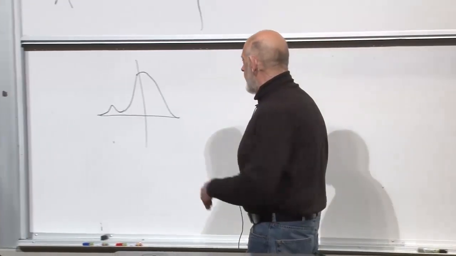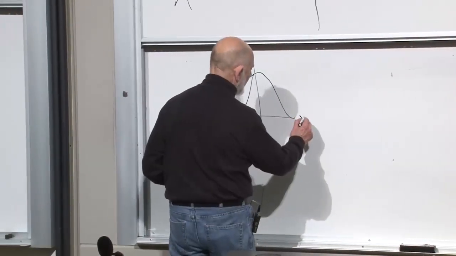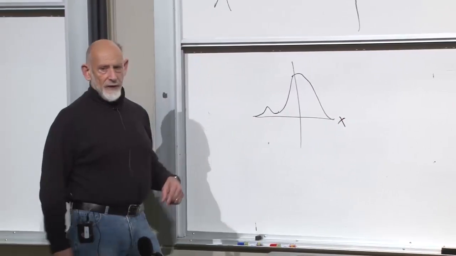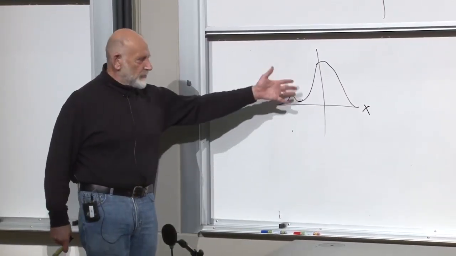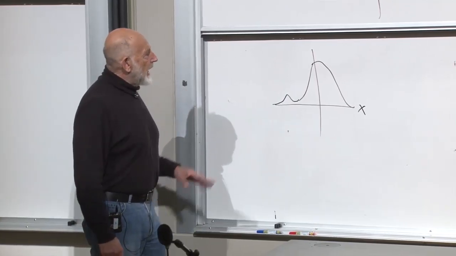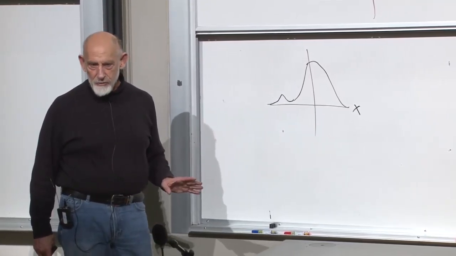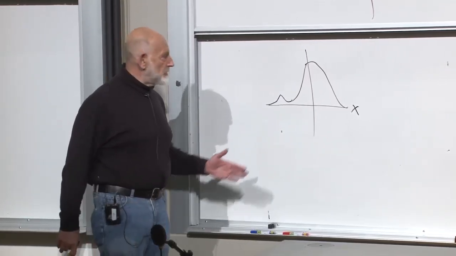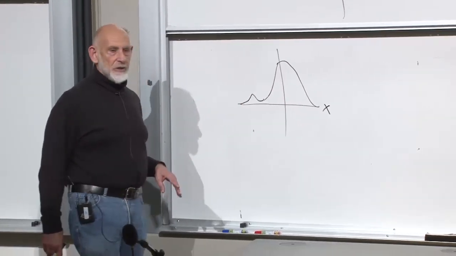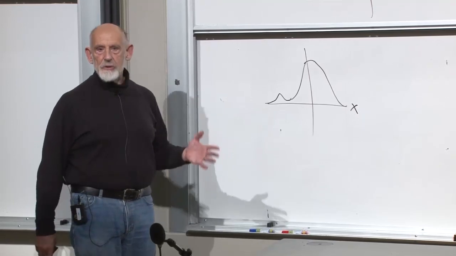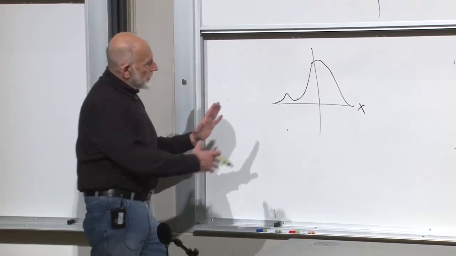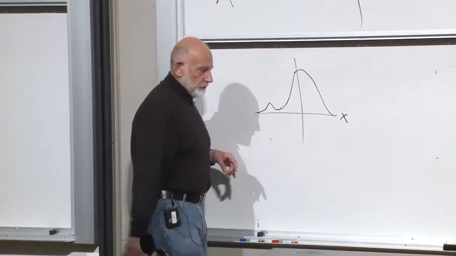Let's just call this quantity x. The average of x is 0. That's not telling us anything. We knew the average was 0 because we set it up that way. But the average of x squared is not 0. Why not? Because x squared is never negative. It's positive on this side, it's positive on this side. And the average of x squared is a measure of the width of the distribution.